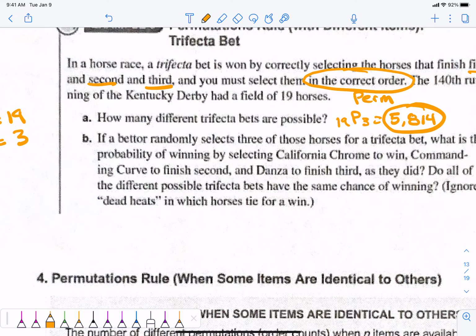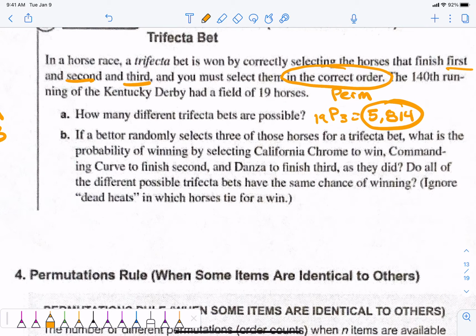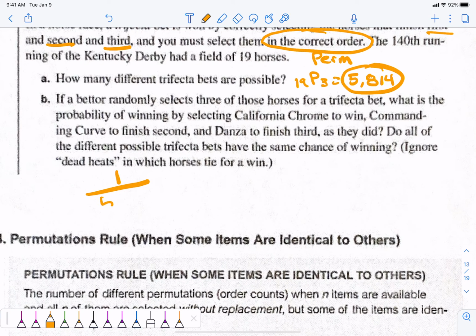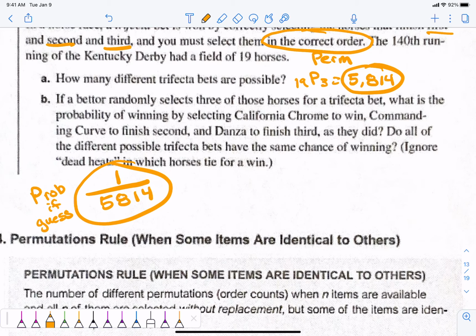If a bettor randomly selects 3 of those horses, what is the probability of winning? 1 out of 5,814. That is the probability if guessing, if I just pick my 3 favorite numbers and put them in there.